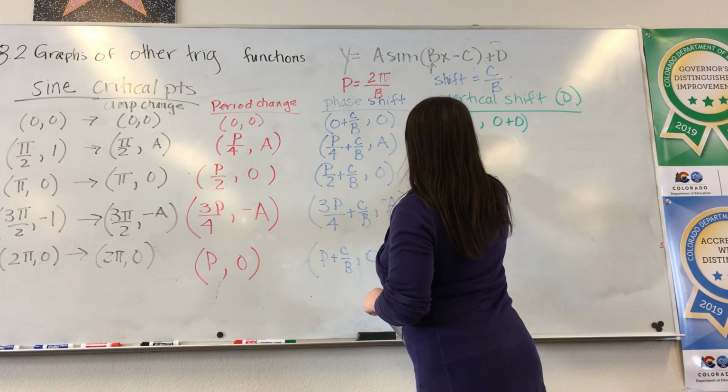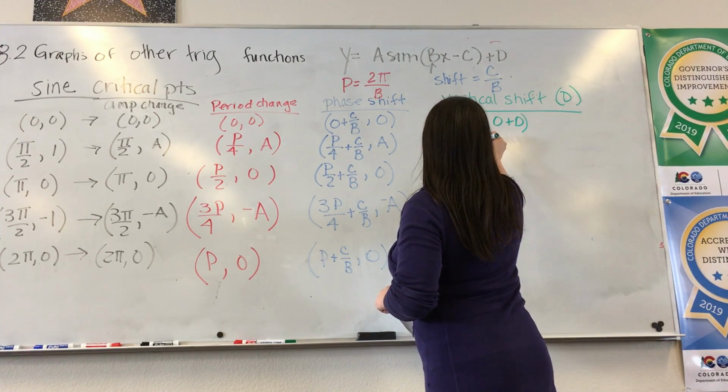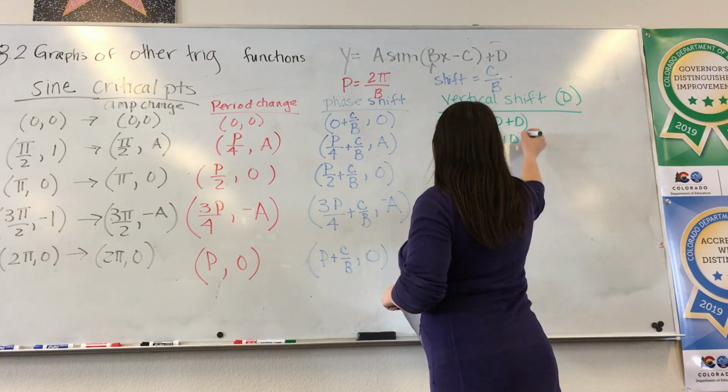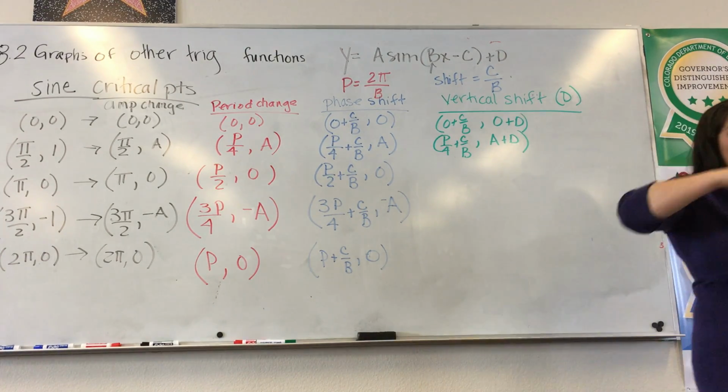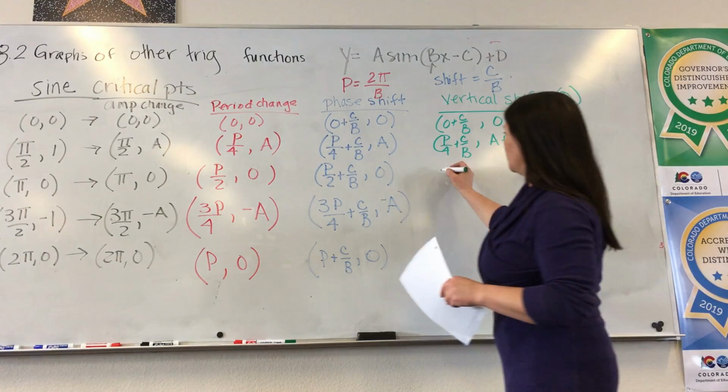Here you're going to have your X and your amplitude plus your D value. Because you're shifting everything either up or down, your D value can be negative. We can add a negative. So then we can keep going.